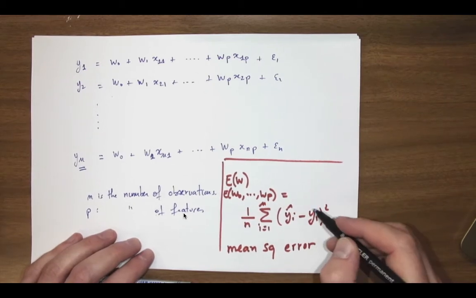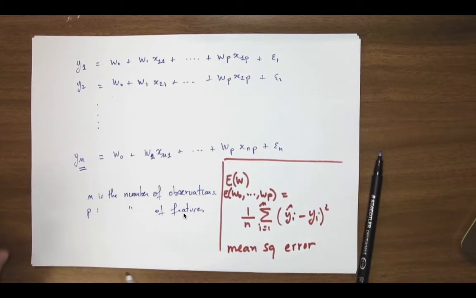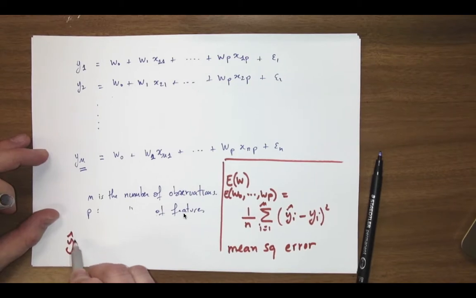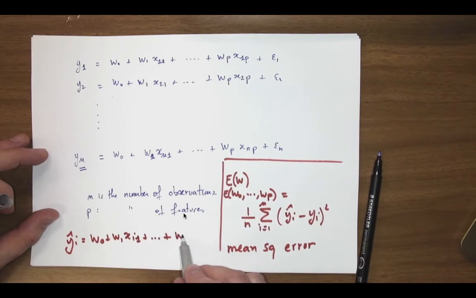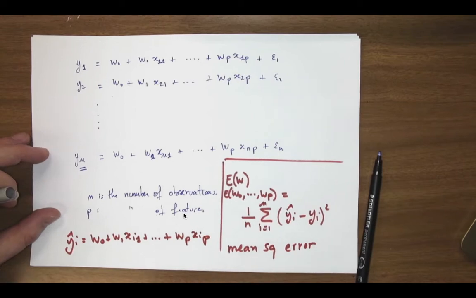The y hat, I'll just write it here, is basically your predicted value for your input features according to your parameters.